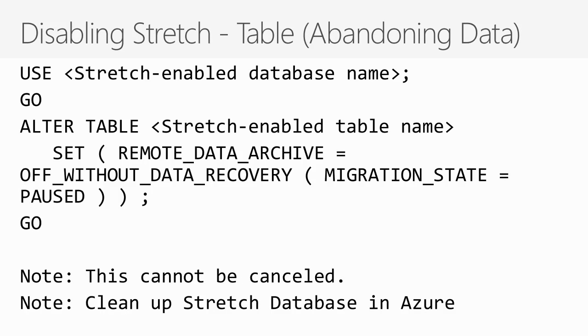And then here we have the abandoning data. Some people may choose to abandon data. You would do the remote data archive. You would say off without data recovery and change your migration state to paused. And again, this can't be canceled either. And I would also note to clean up the stretch database that you still have in Azure.